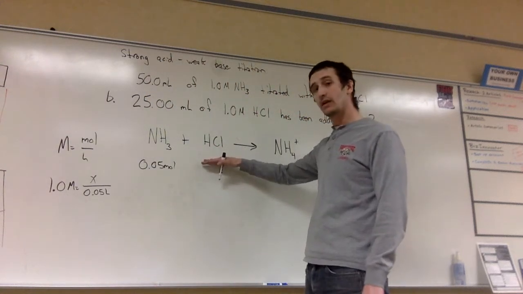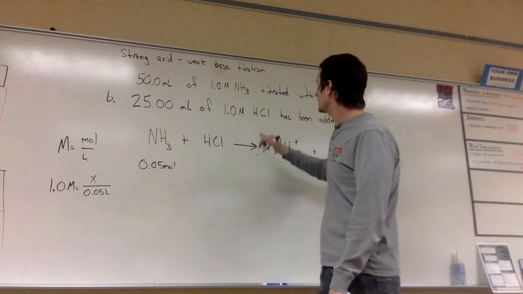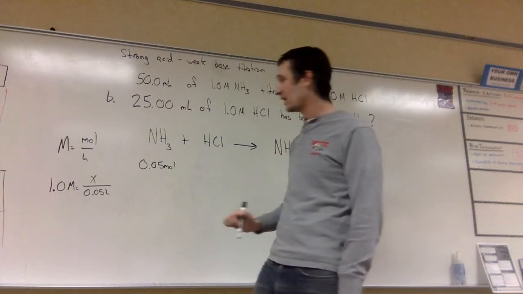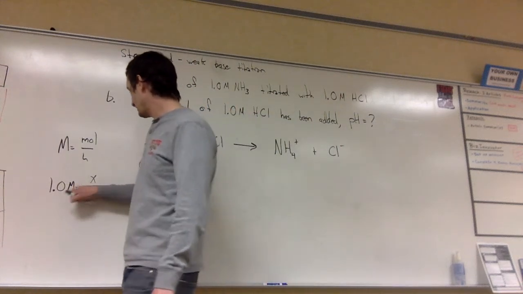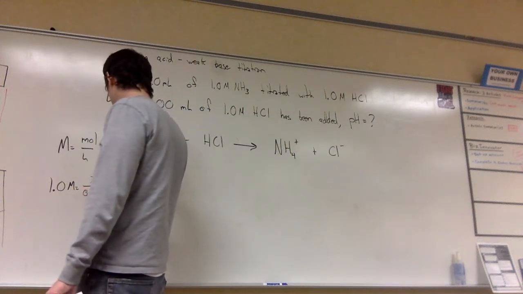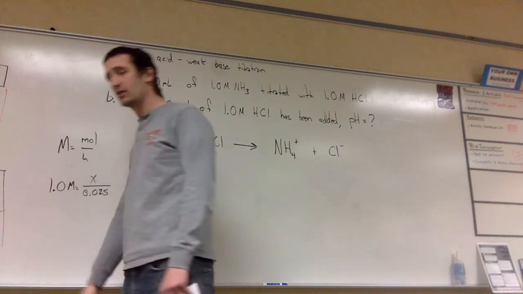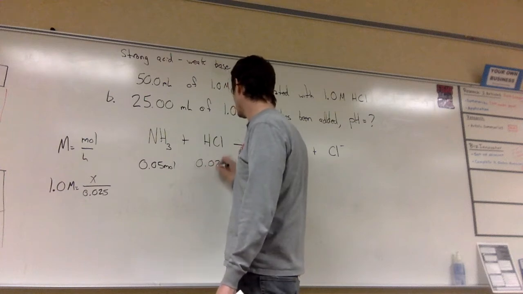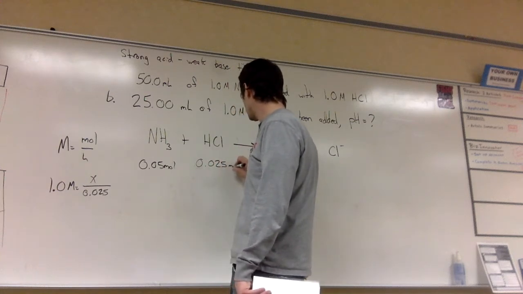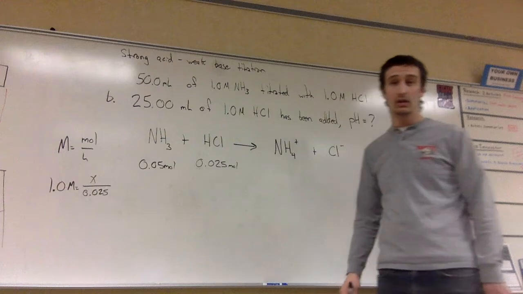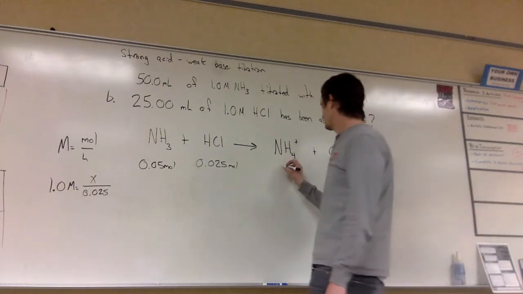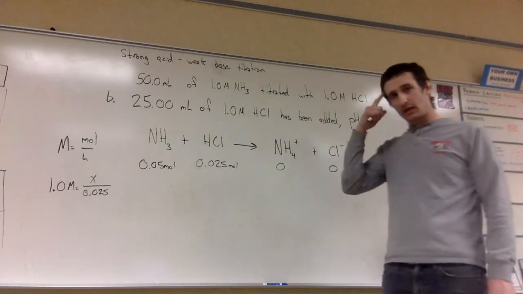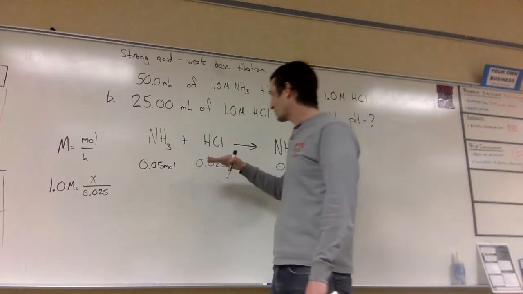I can do the same kind of thing for HCl. I have 25 milliliters of 1 molar HCl, so all I have to do is change the volume to 25 milliliters, which means I have 0.025 moles of HCl. Initially, I've got none of the products. Now we think about what's happening in our titration.